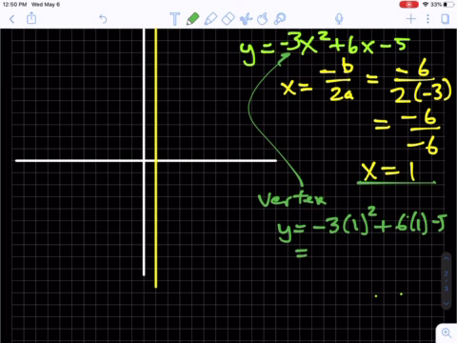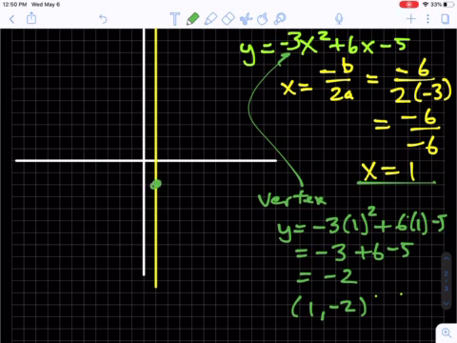So you'd get negative 3, because 1 squared is 1, plus 6 minus 5. Well, 6 minus 5 is 1, and 1 and negative 3 is negative 2. So your vertex is going to be the point 1, negative 2. So we're going to go to 1, negative 2, and we're going to put a point, and that's our vertex.